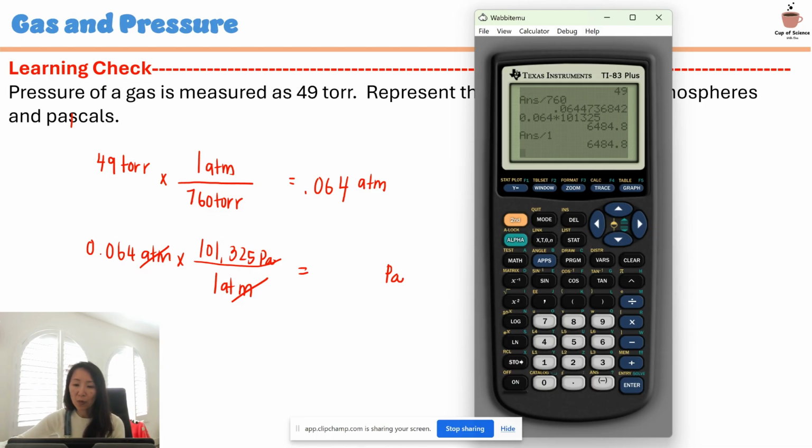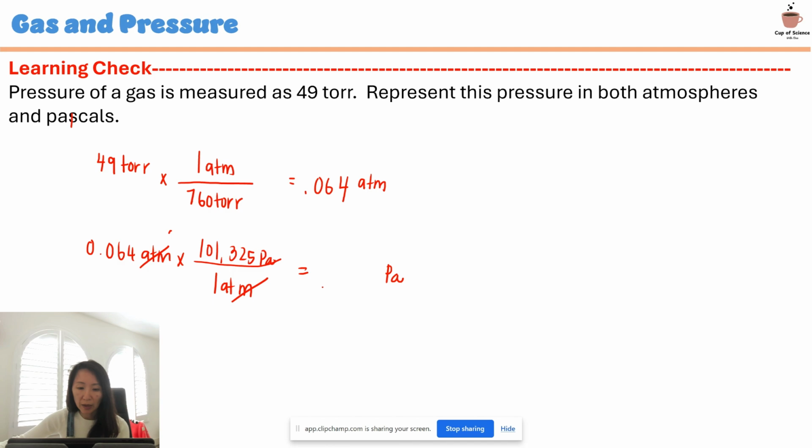And that's 6484. Now, it is 2 sig figs, so you just want to put the very first 2 numbers and then leave the rest with zeros without a decimal. So 6,500 Pascal. Or you can write this in scientific notation, 6.5 times 10 to the 3 Pascal. If you were to write the top one for ATM in scientific notation, it will be 6.4 times 10 to the -2 ATM.